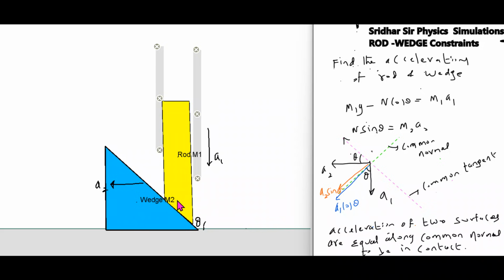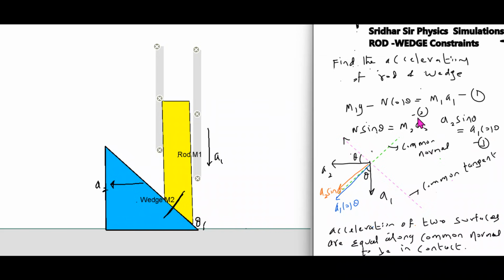This is the common normal, and this line will be the common normal. So here I'll resolve it. A2 sin theta should be equal to A1 cos theta. One more equation: A2 sin theta equals A1 cos theta. These are equations 1, 2 and 3.